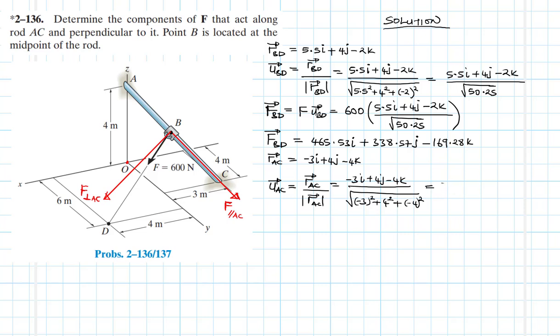This gives us minus 3i plus 4j minus 4k divided by root of 41. So we have the two sets of information that we wanted. We have converted the 600 magnitude of force into a force vector. We've also found the unit vector along AC. It is now time to do the dot product so that we find the component of F that acts along the road AC.